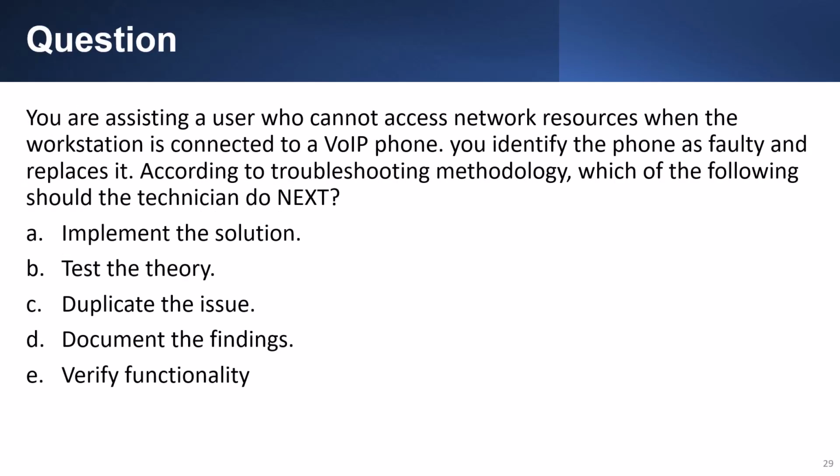Question: you're assisting a user who cannot access network resources when the workstation is connected to a VoIP phone. You identify the phone as faulty and replace it. According to troubleshooting methodology, which of the following should the technician do next? Answer: verify functionality.